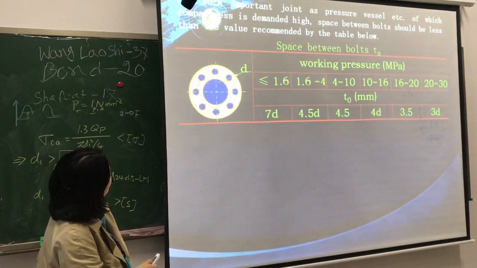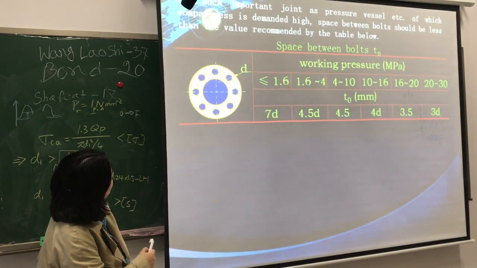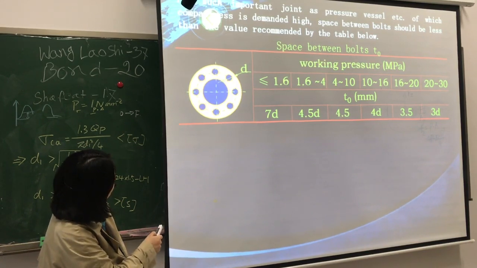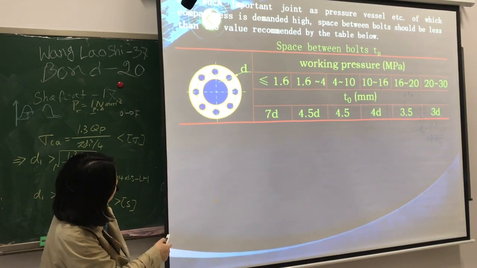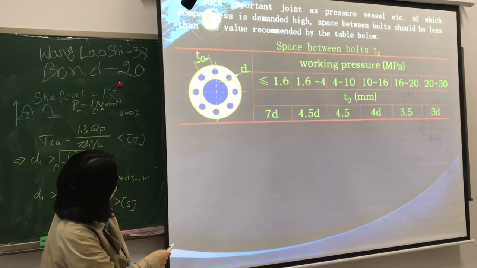And for important joints such as pressure vessels, the space between bolts should be less than the value recommended by the table. This is the working pressure.